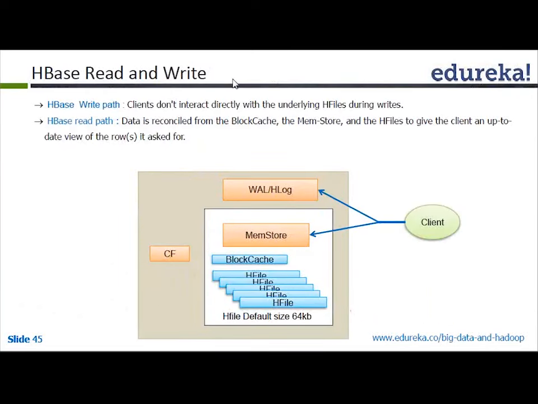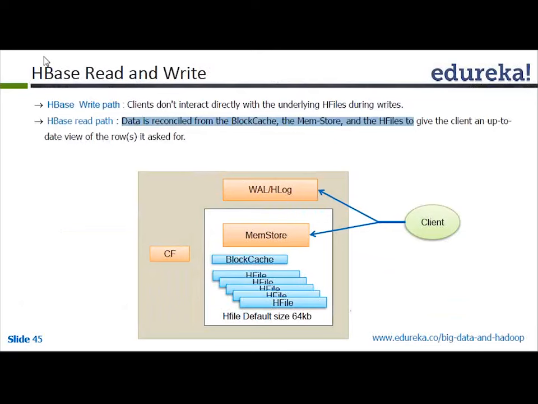If you look here, this is what we were talking about, the read and the write path. The clients don't interact directly with the HFiles during the write. Please understand that. It always talks to the MemStore. In the read path, the data is first reconciled from the block cache, the MemStore, and HFiles to give the client an up-to-date view of the row it is asking for.